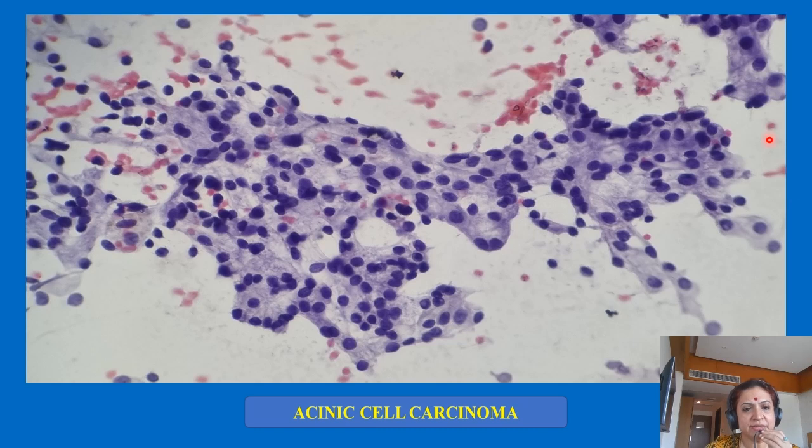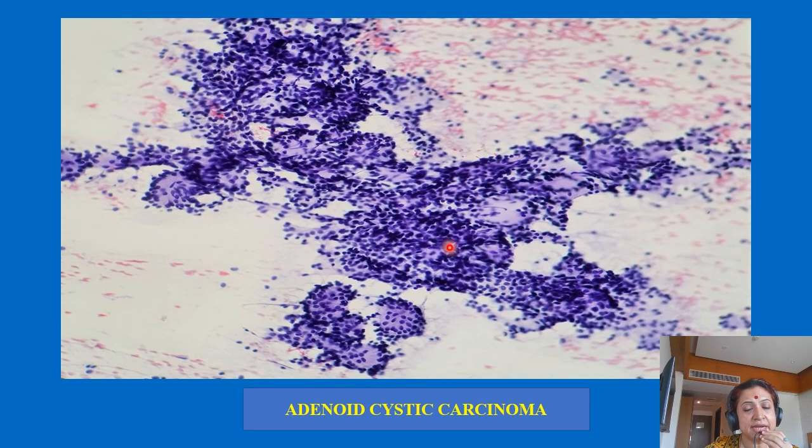So these are some classical cytology smears, like this is an acinic cell carcinoma with this foamy cytoplasm quite resembling the normal acinar cells. This is an adenoid cystic carcinoma. Now in adenoid cystic carcinoma, the hyaline matrix is quite different from that you come across in a pleomorphic adenoma.